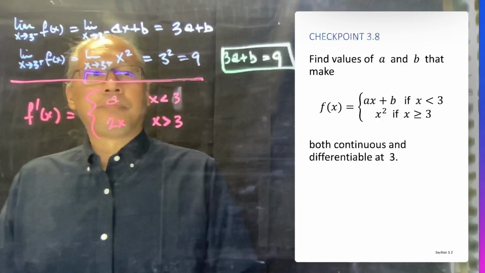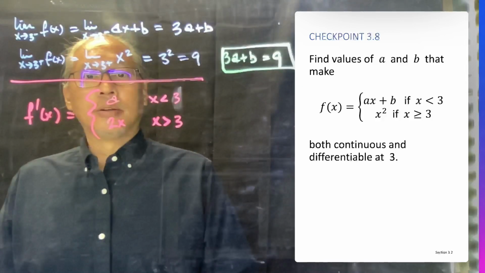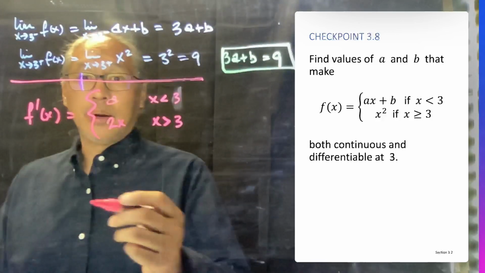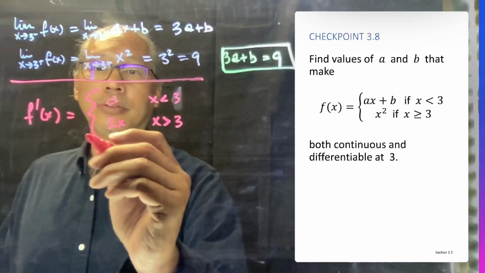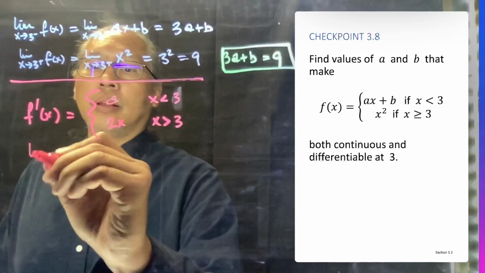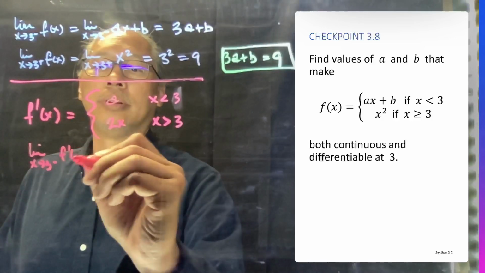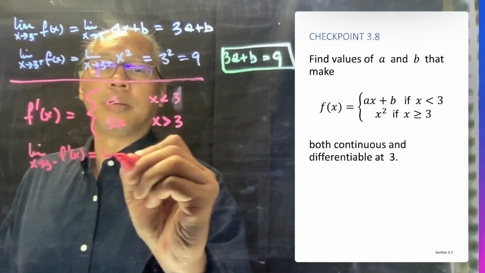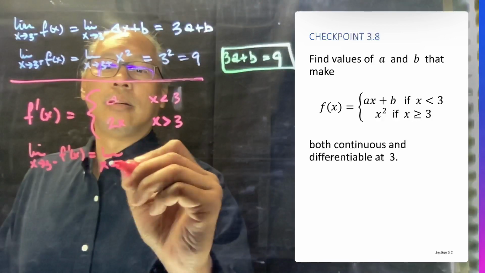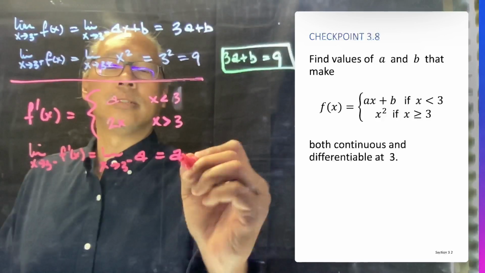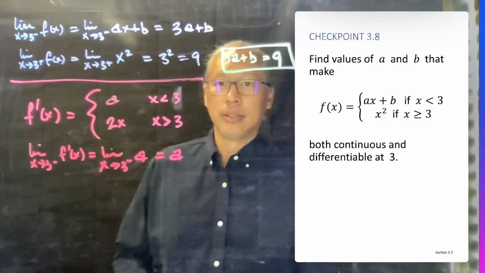Okay, so we essentially want these to be equal to each other at 3. So we can do the limit version of this as well. The limit as x approaches 3 from the negative side of the derivative is just going to be a, which is constant, and the limit of a constant is just going to be whatever that constant is.